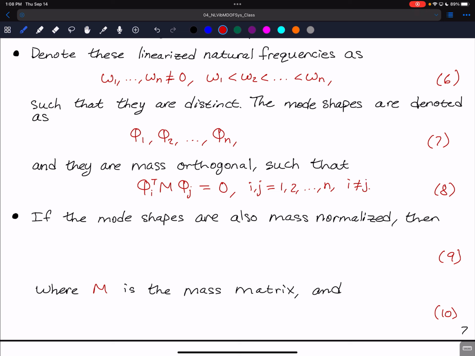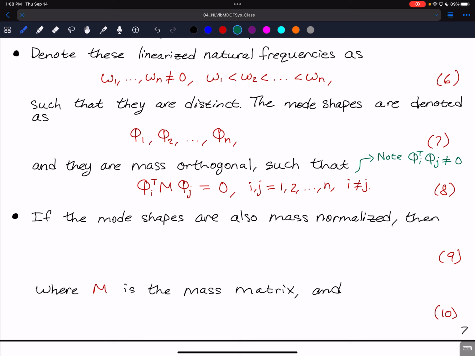So they're mass orthogonal, meaning that you have to have this mass matrix in there in order for them to equate to 0. That means that phi i transpose times phi j is not necessarily equal to 0 unless the mass matrix is an identity matrix.